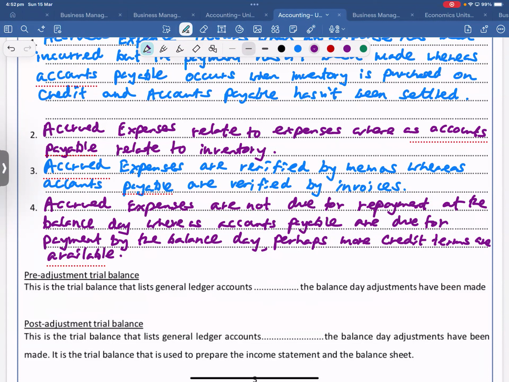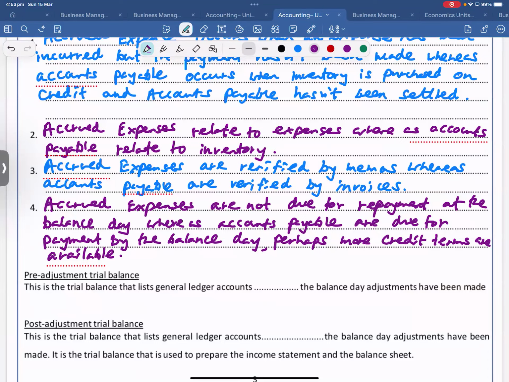Now, for the post-adjustment trial balance, what's the story? Have we done the transferring entries for the post-adjustment trial balance?